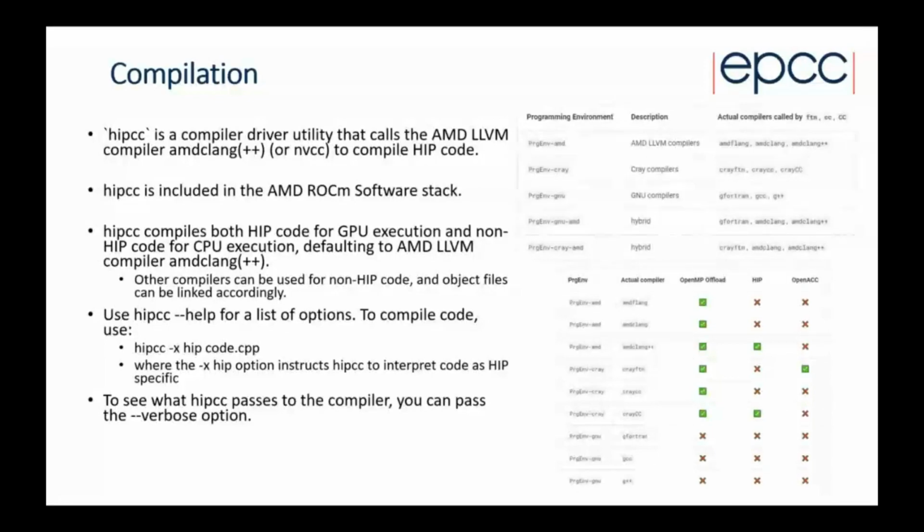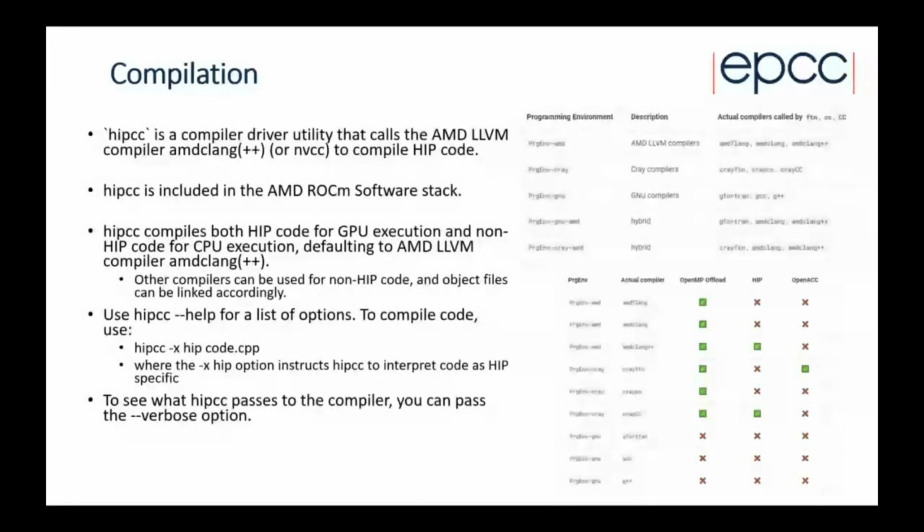HIPCC compiles both HIP code for GPU execution and non-HIP code for CPU execution, so basically it does two passes. It calls the AMD LLVM compiler, so AMD Clang or AMD Clang++, where it's needed. Other compilers can be used for non-HIP code, and object files can be linked in different ways as well, if you so choose.